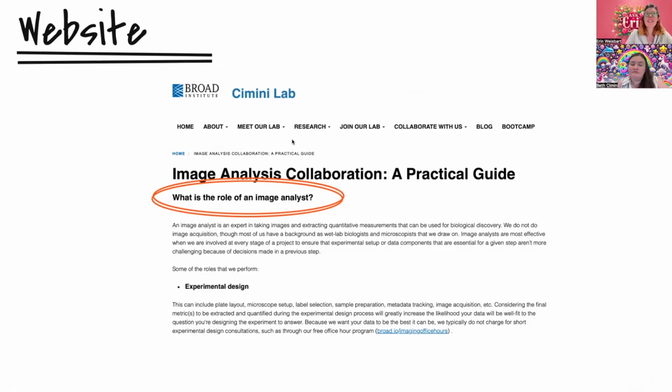Please read this page of our website. It answers what is the role of an image analyst and helps lay out from the very beginning what we are expert at, what we don't necessarily do, and how to proceed with collaborations. So, if you're curious, go ahead and give it a read.